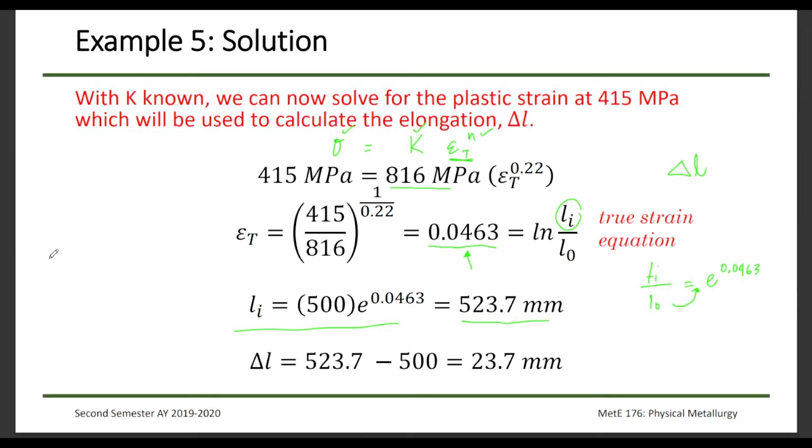Alam natin kung gaano kalayo yung Li na tinravel natin to achieve itong condition na to na 415. Okay? So this is the instantaneous length. So if you want to get the elongation, delta L, then you just deduct the original length, L naught 500, from the instantaneous length, then you get 23.7 millimeters.